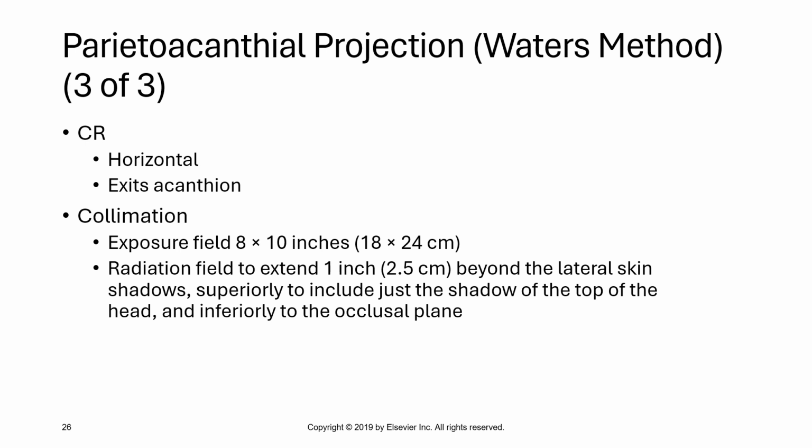Superiorly to just the shadow of the top of the head. Again, you want to go to about where their hairline should be, okay? Even though you don't want to clip the frontal sinus, even though it's not the best demonstration of the frontal sinus. Inferiorly, again, to the occlusal plane, and you are definitely below the maxillary sinus if you're at the bite plane, okay?